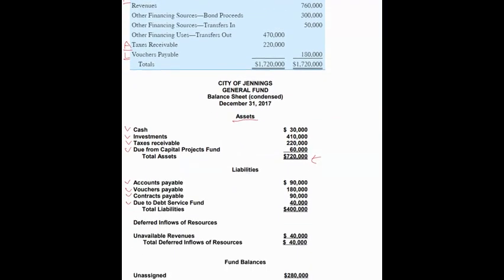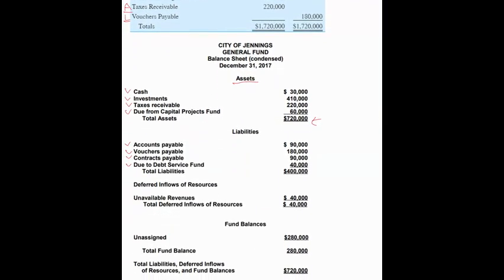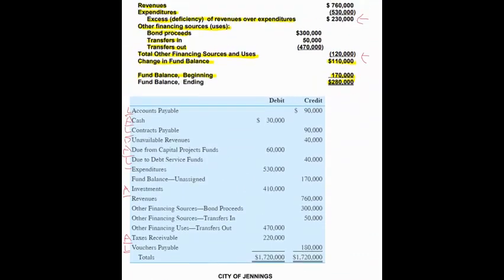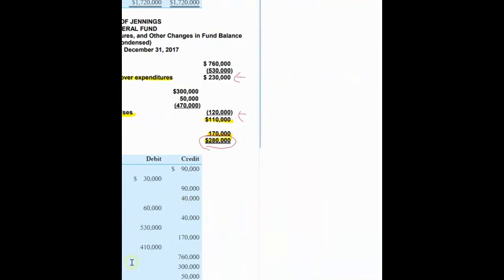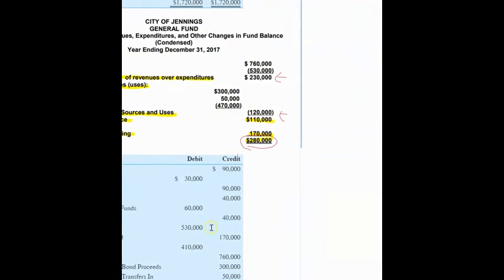And then the next big category is the fund balance, which is the unassigned fund balance, and the total fund balance is calculated from the statement of revenues, expenditures, and other changes in fund balance, which is 280. So we need to plug the number from this statement into the balance sheet, 280.